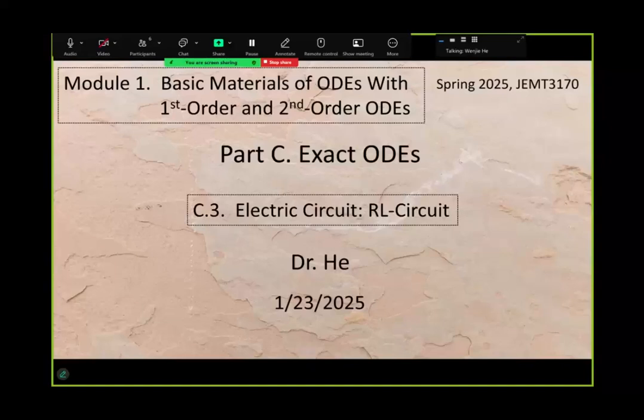So no C, only a resistor and an inductor. These two types of components.